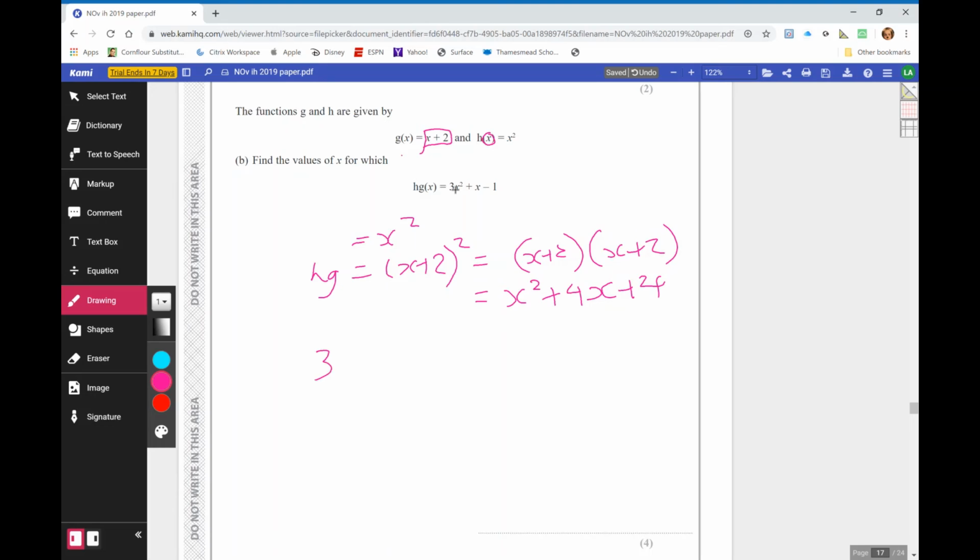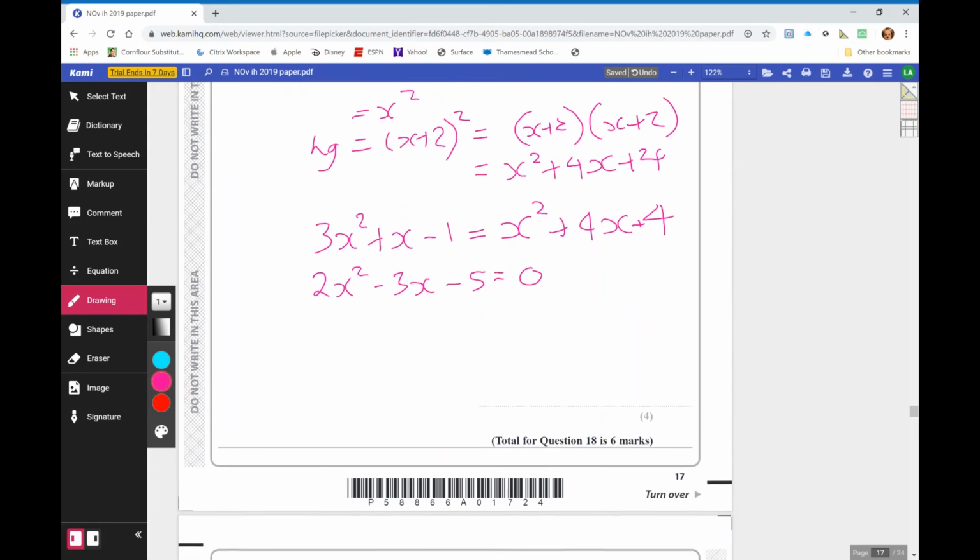So 3x squared plus x minus 1 equals this function. And then we rearrange it. So let's minus the x squared over here. And then I'm going to be minusing 4x over here as well. So minus 3x. Got minus 1, and oops, that's a positive 4. You're going to minus 4, so minus 5.